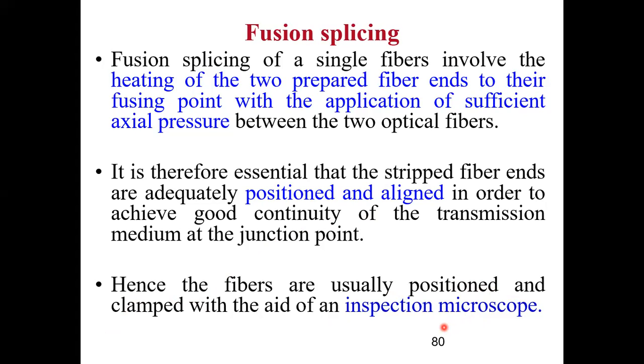So in the splicing machine, this is talking about fusion splicing, I can monitor the alignment with the help of a microscope. I can see whether the fiber is properly aligned or not, and that helps me in reducing the loss due to alignment.